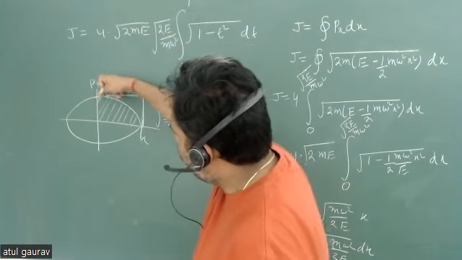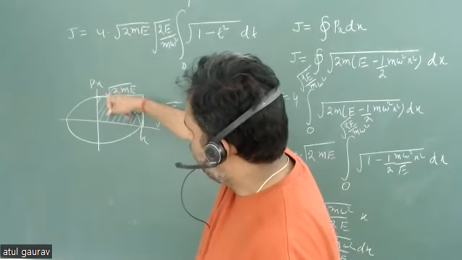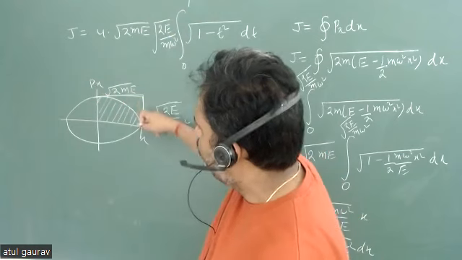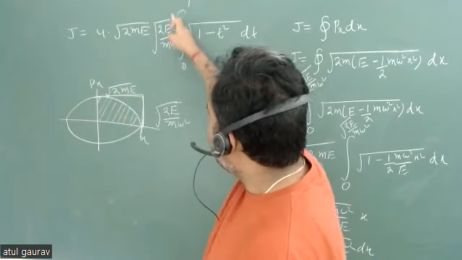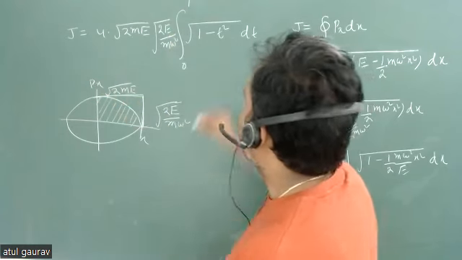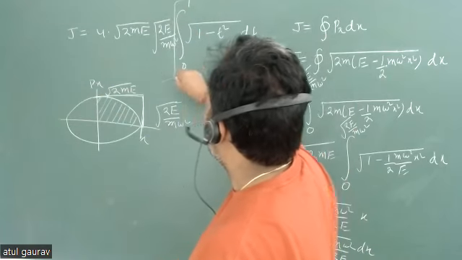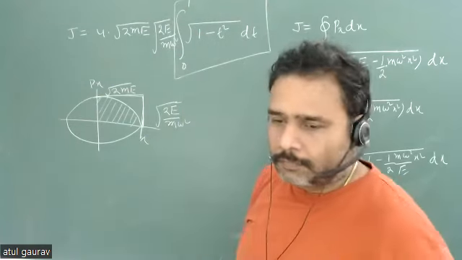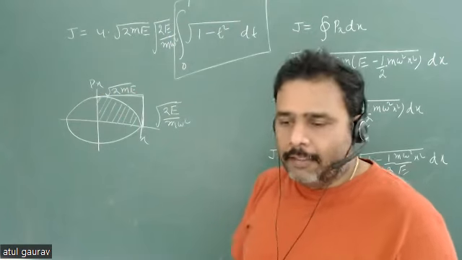But I have to calculate this area under this particular curve. Then I can guarantee this value is nothing but some fraction. आप agreed हो या नहीं हो?